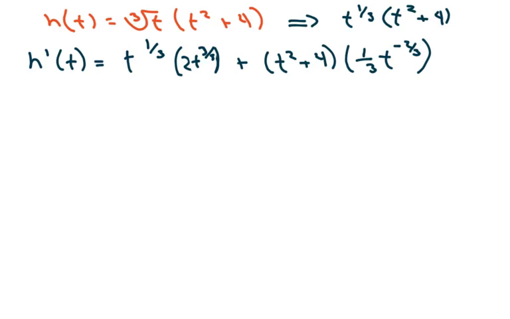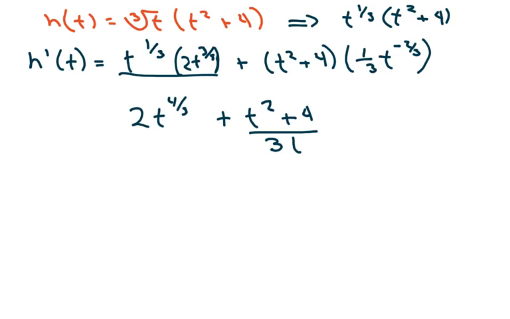So that's going to give you 2t to the 4/3 for this first part. And the second part, let's just clean this up a little bit. We have t squared plus 4 over 3 t to the 2/3.